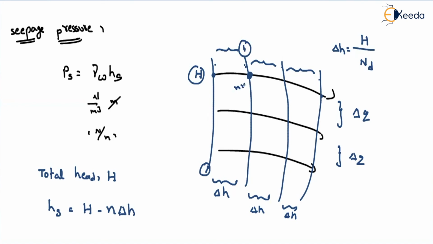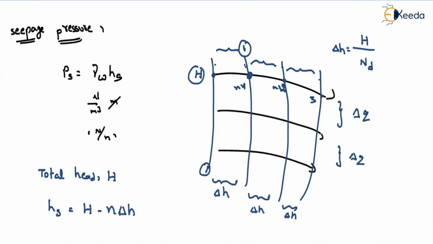So for this, n is equal to 1. At this point, how many drops are there, 1, 2, so at this point I have to use 2, at this point I have to use 3. So wherever you need, first you have to find out small delta h. After that, depending upon the point where you have to find out the head available, multiply by the n value. So this is how we will find out the seepage pressure.